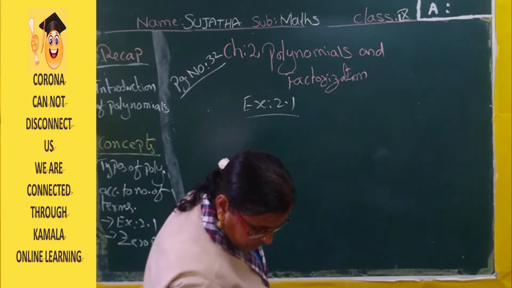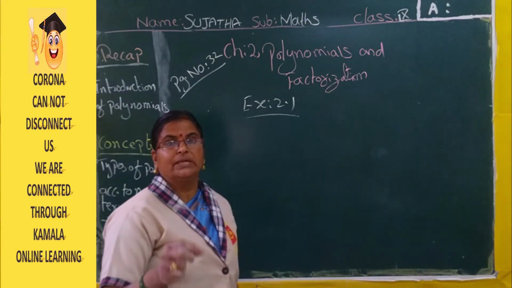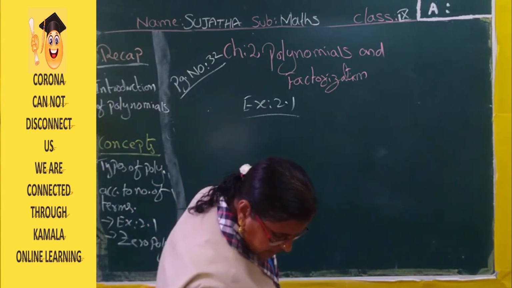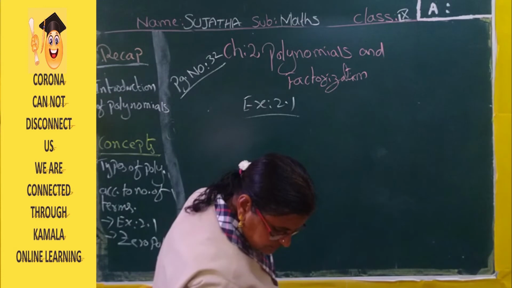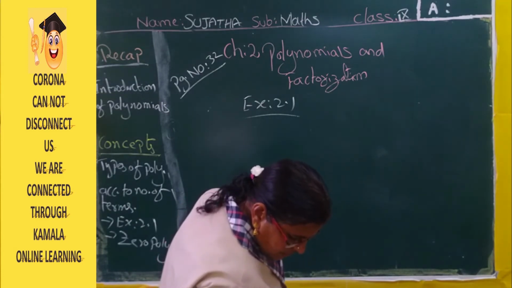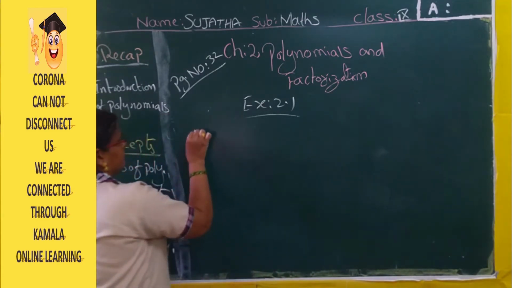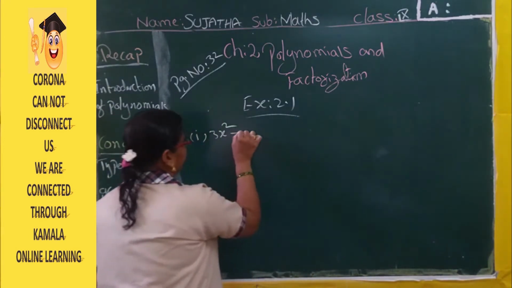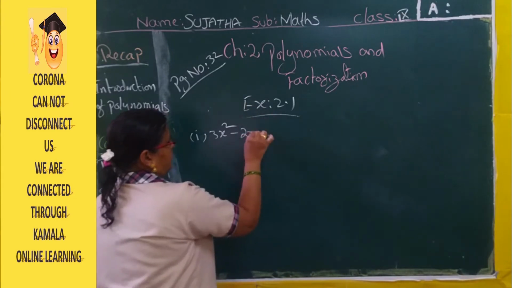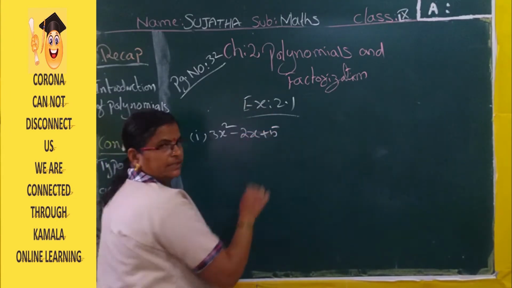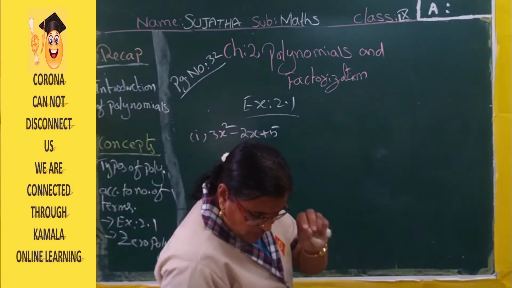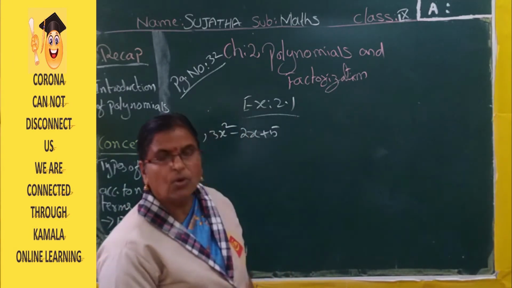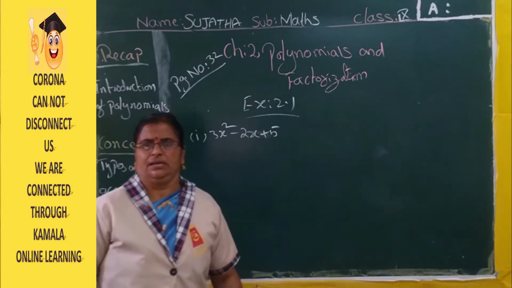He is asking which polynomial has only one variable, and which does not. First one: 3x square minus 2x plus 5. What is being asked is which of the following expressions are polynomials in one variable. Only one-variable polynomials.